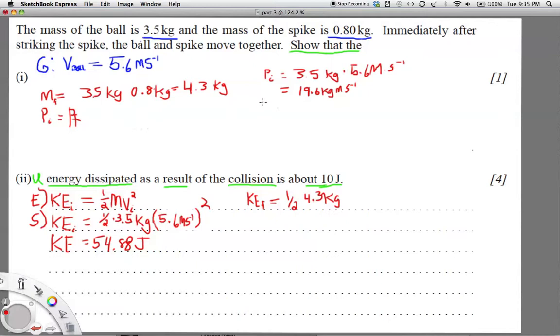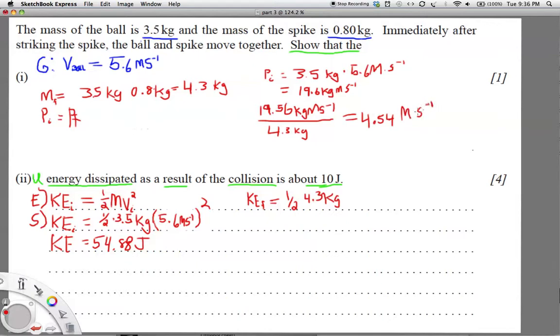So I have 19.6 kilogram meters per second divided by 4.3 kilograms, and I end up with 4.56 meters per second.